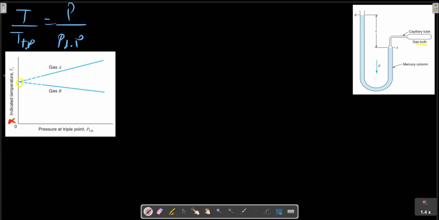This point. Different curves may result from different gases, but they would indicate the same temperature as P equals 0. As shown in this picture, for various gases, we have the same indicated temperature at pressure equals 0.